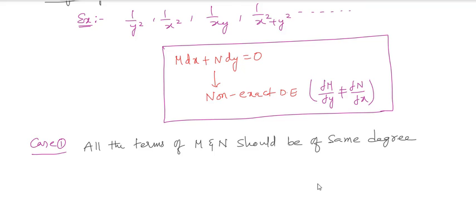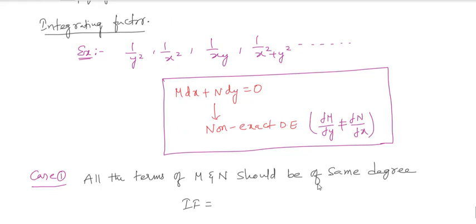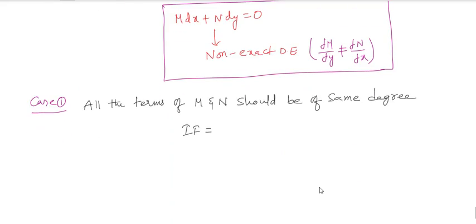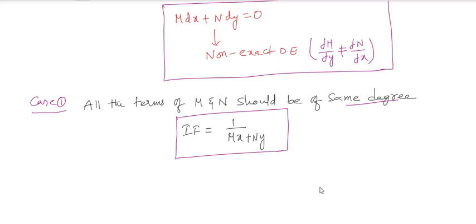Then my integrating factor, IF, will be 1 by Mx plus Ny. If all the terms of M and N in the given equation have the same degree, then my integrating factor will be 1 by Mx plus Ny.